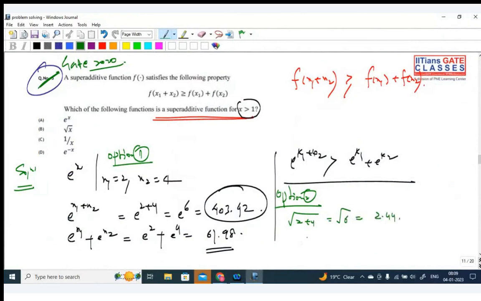And if individually solved, under root 2 will give you 1.414 and under root 4 is 2. So that is wrong, because root 2 plus root 4, that is 1.414 plus 2, that is 3.414, which is greater here. But this property says that f(x1 plus x2) should be greater always, right? So this is not correct. So your answer is going to be option A.